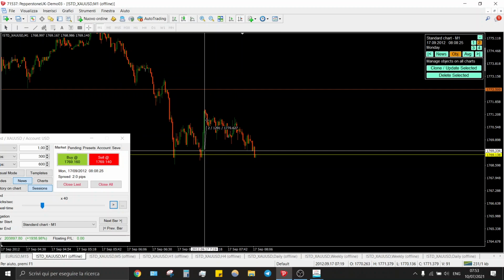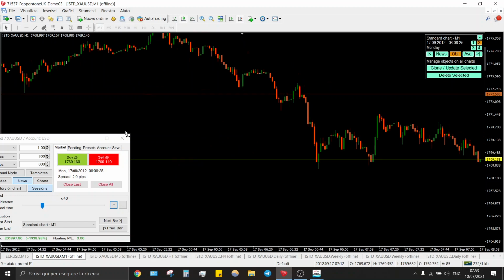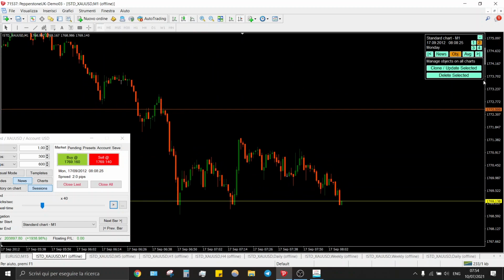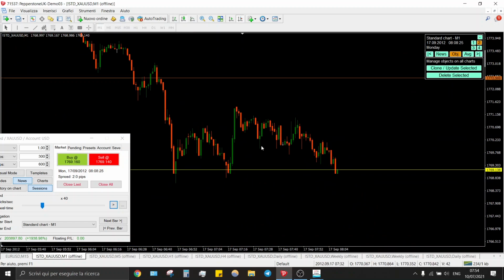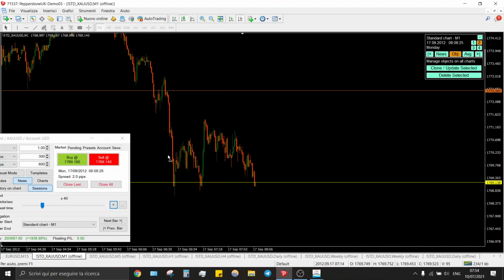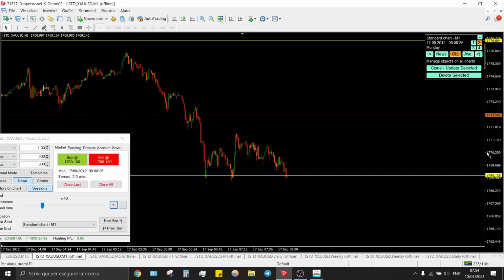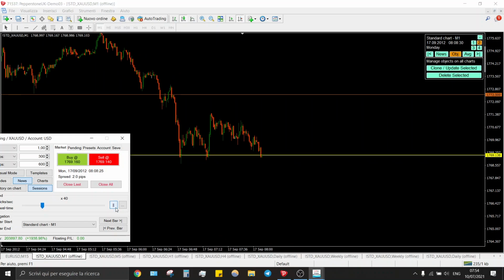We had a 20 pips scalp if you entered fast above these previous highs, and now we are going to see this retest again of the lows.